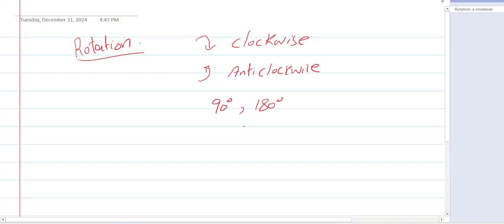Whenever you have to do the rotation, you will be given three things. You will be given the center of rotation, the angle of rotation, and the direction of rotation.